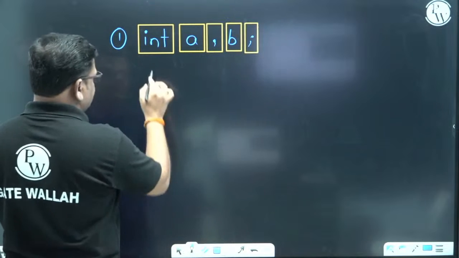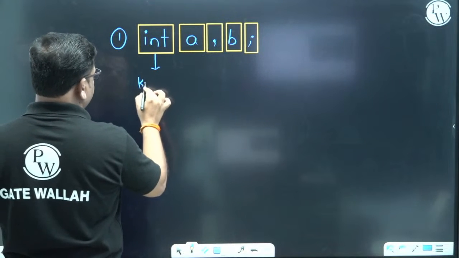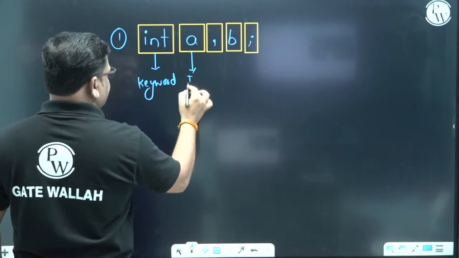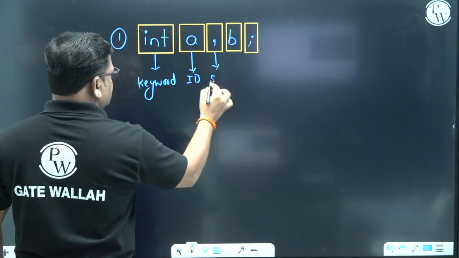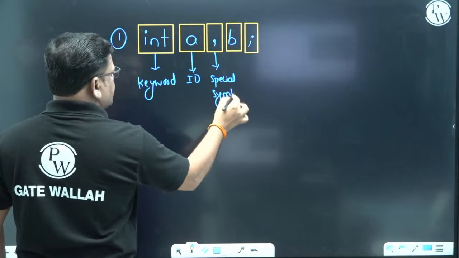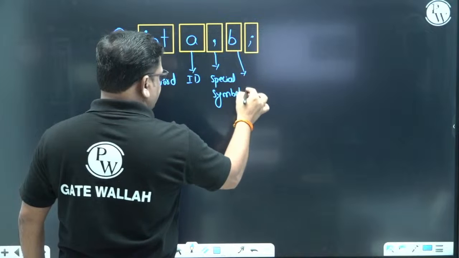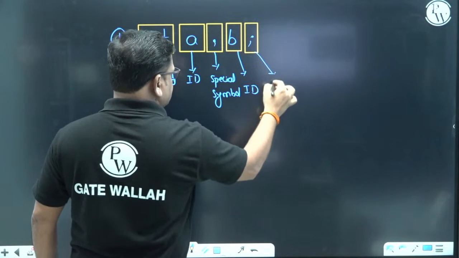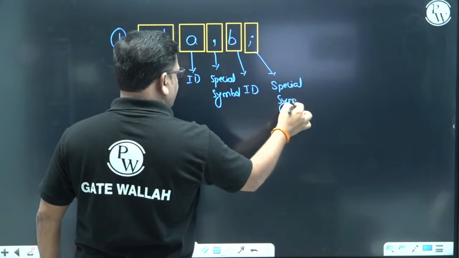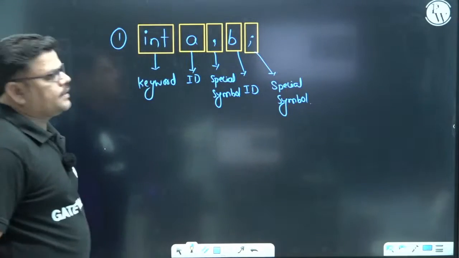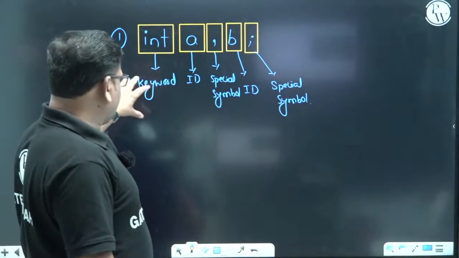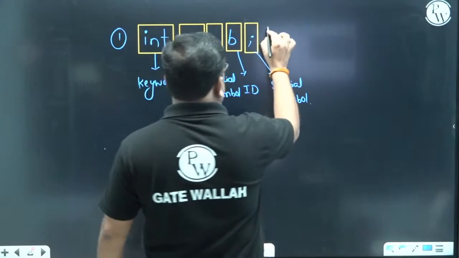So this is one token known as keyword, this is a token known as identifier, this is a token known as special symbol, this is an identifier and this is a special symbol. If this sequence of characters is given together as input, it produces outputs like this. So these are called tokens.